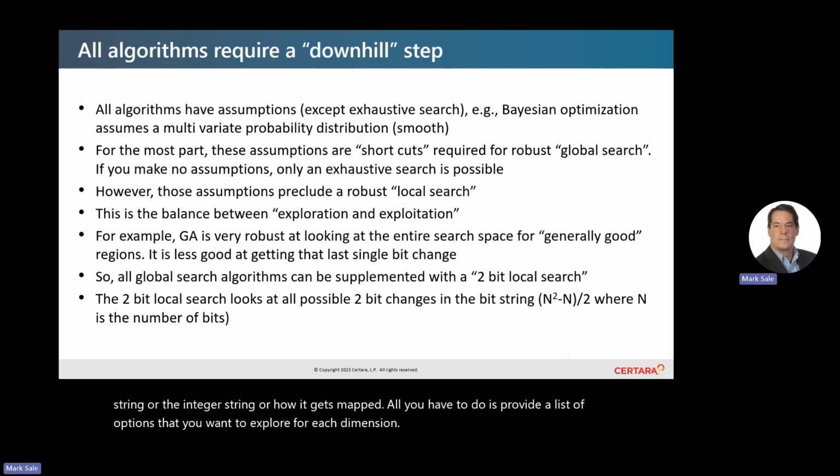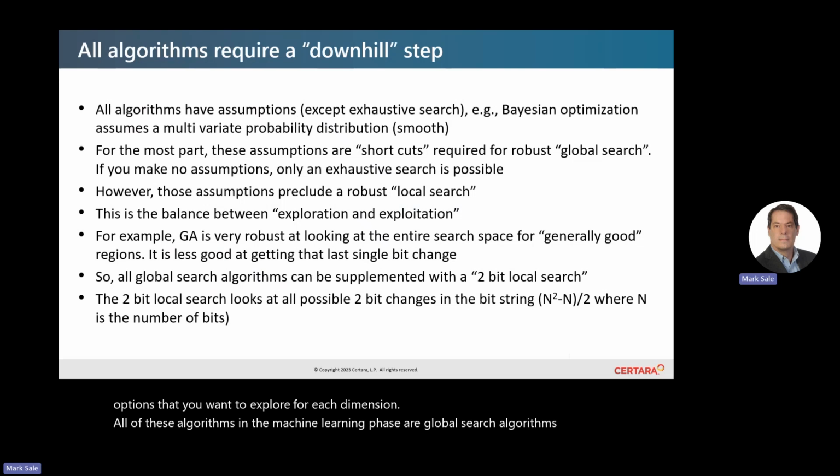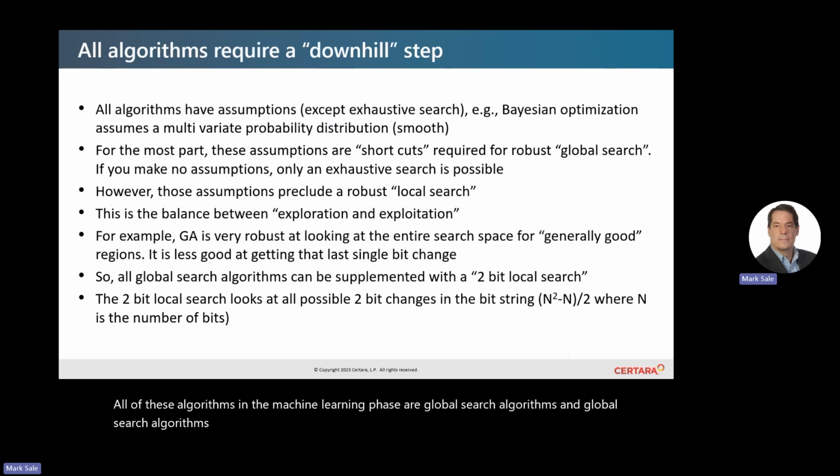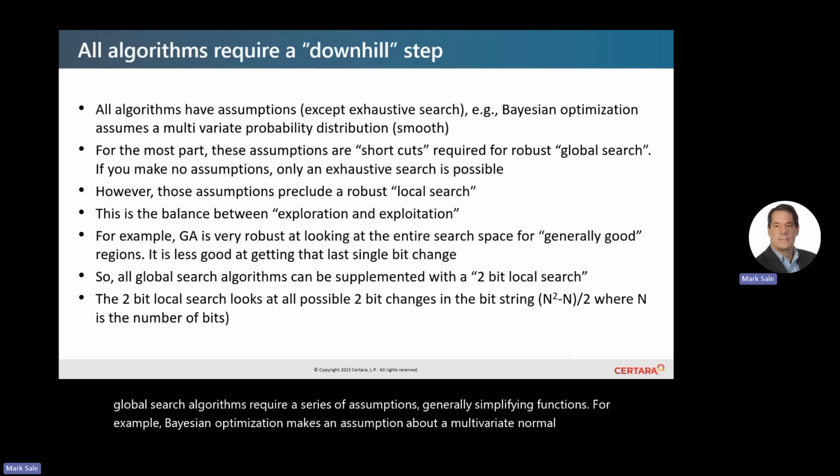All of these algorithms in the machine learning phase are global search algorithms, and global search algorithms require a series of assumptions, generally simplifying assumptions. For example, Bayesian optimization makes an assumption about a multivariate normal distribution, a nice smooth distribution.